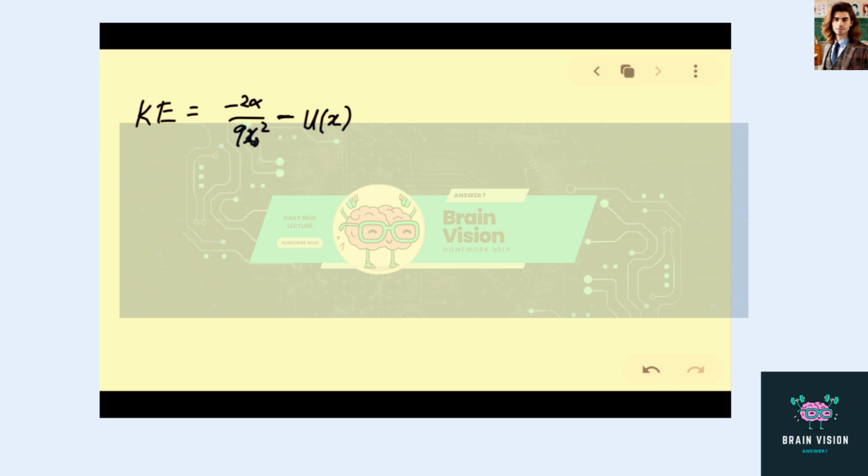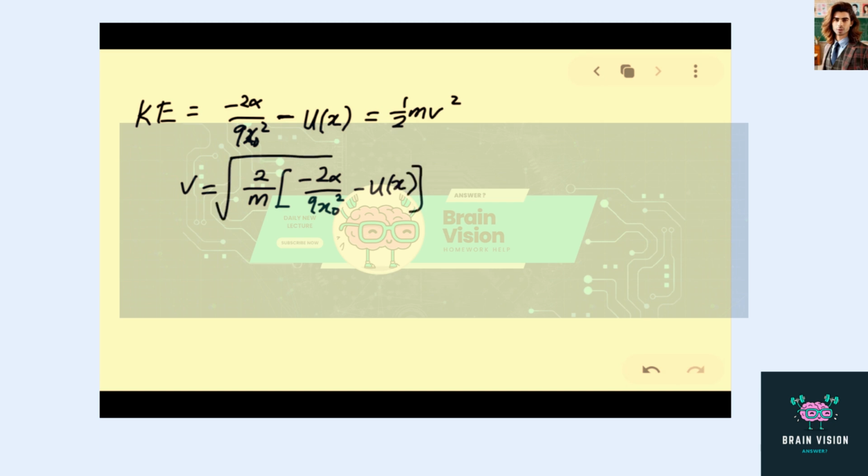Basically, equate this to half mv squared again. We can get v to be equals to 2 over m of this entire expression. Then we square root the entire thing.